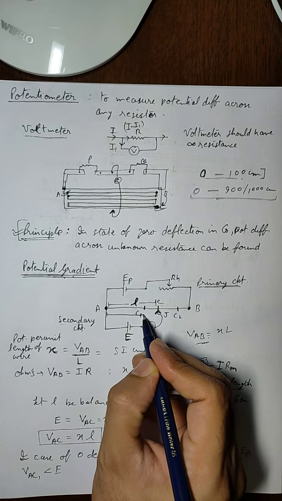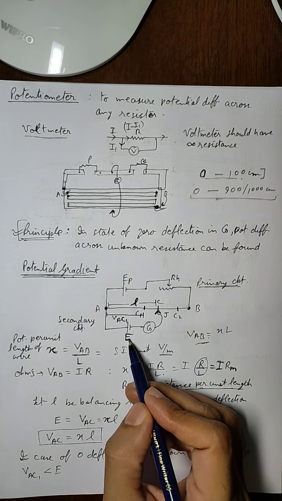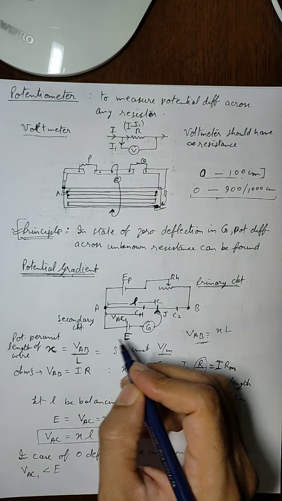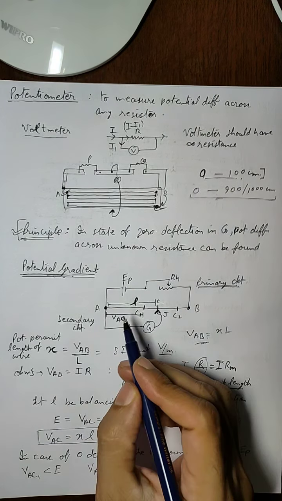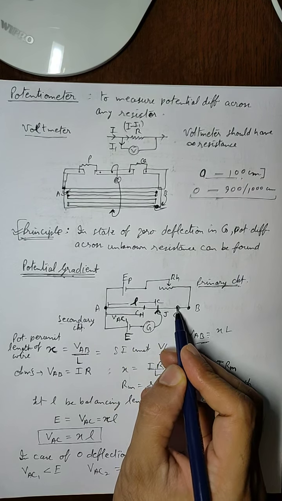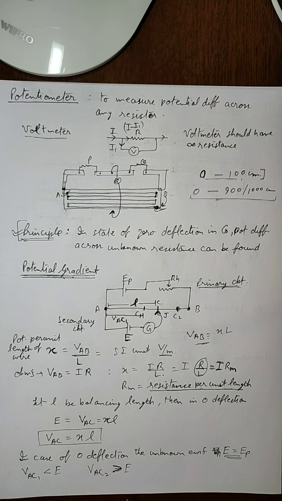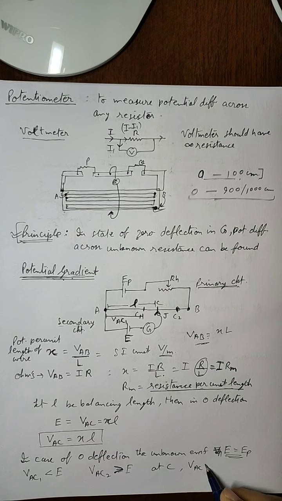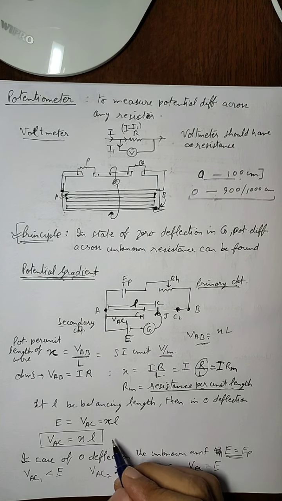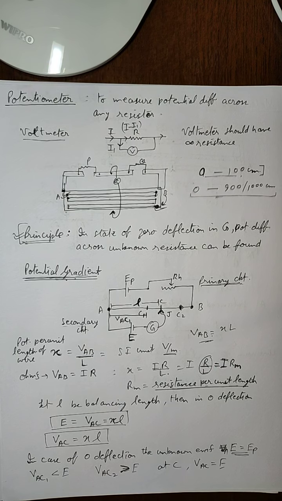Potential difference of this part, VAC1, is less than E. Similarly, VAC2, the potential difference between A and C2, will be greater than E. At C, VAC becomes equal to E.